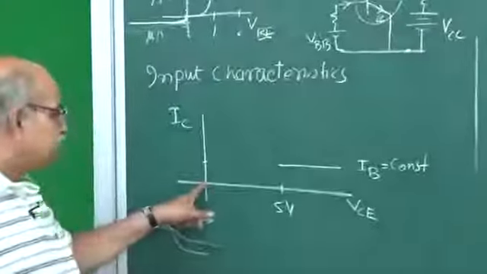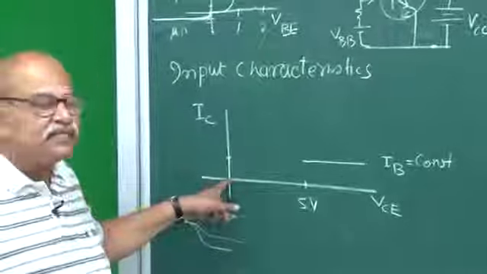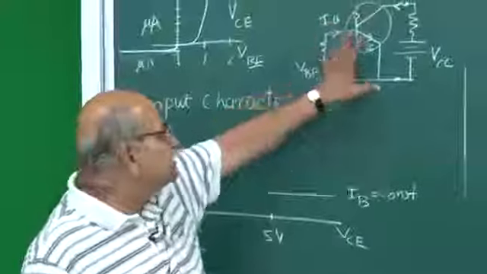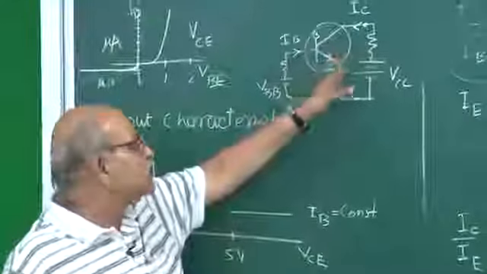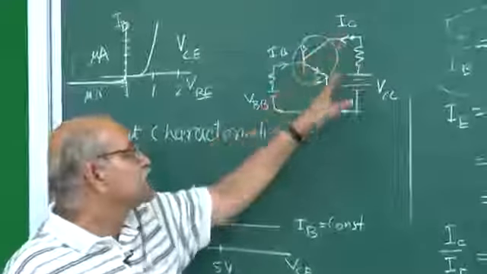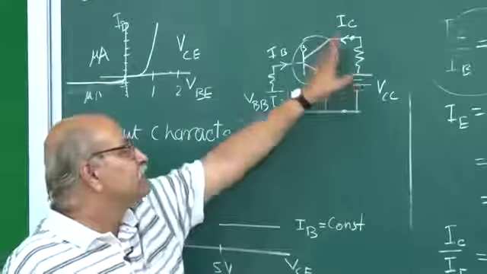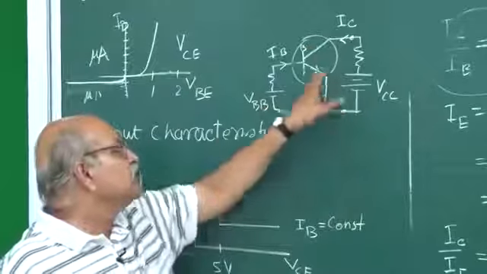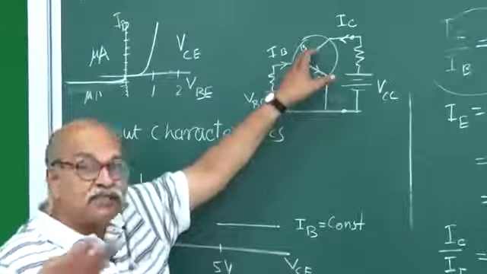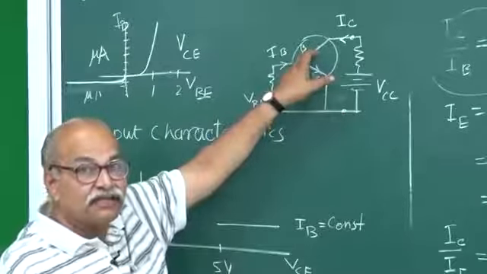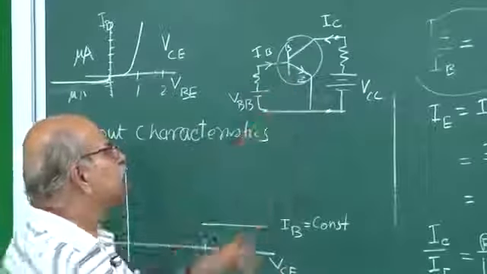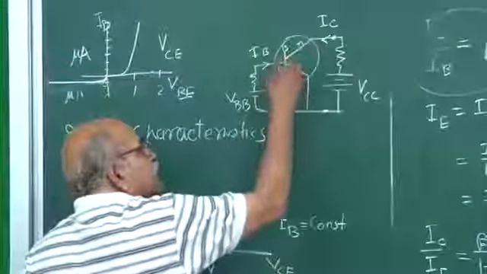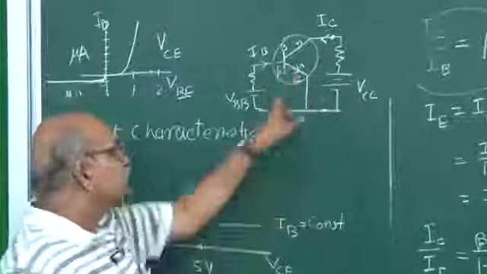Suppose VCE is 0. Suppose this is forward biased, fine, electrons are being injected here, but what will happen if VCE is 0? Then VCB will be positive, forward biased, because remember this is N, this is P and this is N, and this junction is forward biased.